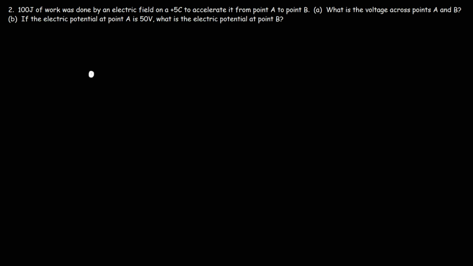Let's call this point A, and we're going to call this point B. So we're going to move a charge from point A to point B. And this is a positive charge. So if it takes 100 joules of work to move this 5 coulomb charge from A to B, what's the voltage across it?